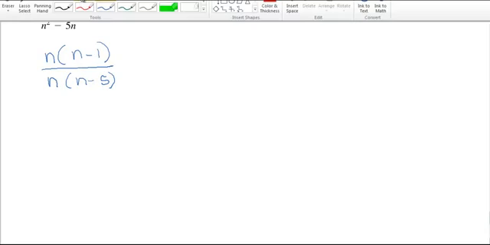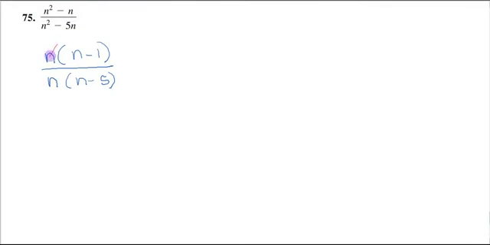On this problem, I want to first start off by factoring. In the numerator, I'm going to take out an n, and I'm left with n minus 1. And on the denominator, I see a greatest common factor of n as well. So I'll factor out the n and have n minus 5. Now we can see a common factor of n.